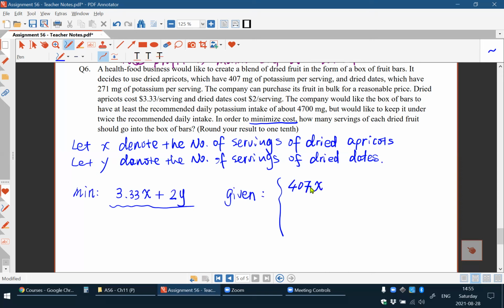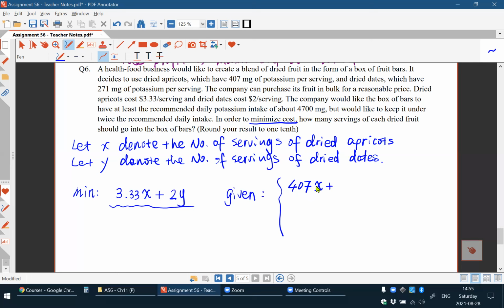Why 407x? Because it says the dried apricots have 407 milligrams of potassium per serving, so when you have X servings, the total potassium from the apricots should be 407x, right?